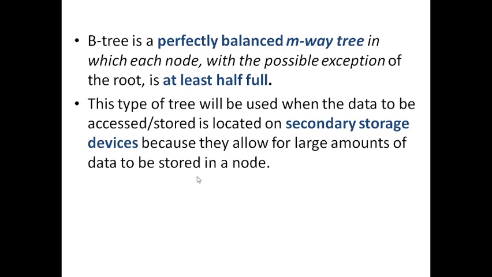Whenever we want to represent a large volume of data, especially in secondary storage, because secondary storage is the largest storage in any computer, we store huge volumes of data there. So in those cases, the B tree representation is generally used, so that whenever a file is needed by the user, it can be easily located. The search time will be minimized when the B tree is used for the representation.